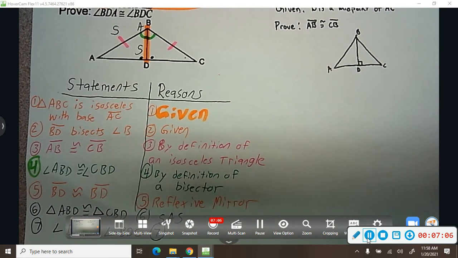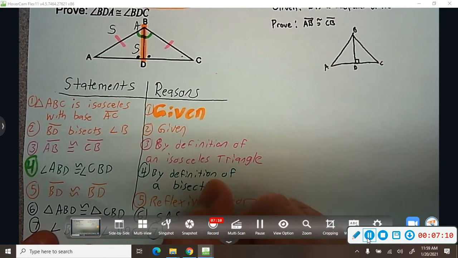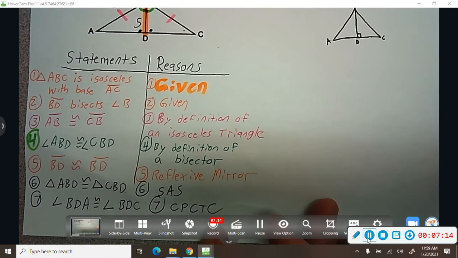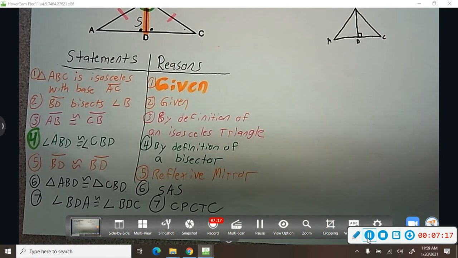And how do I know that? There's many ways to put it. I would probably put the CPCTC. And all the CPCTC says is that if the triangles are congruent, then the corresponding angles are congruent, the corresponding sides are congruent. We know they're congruent by the SAS, so we also know that the angles are congruent.